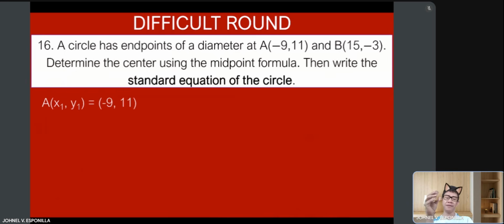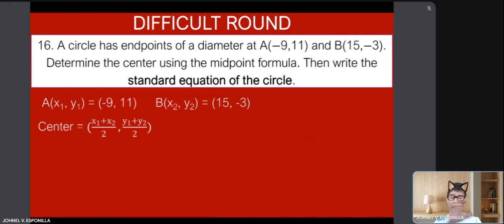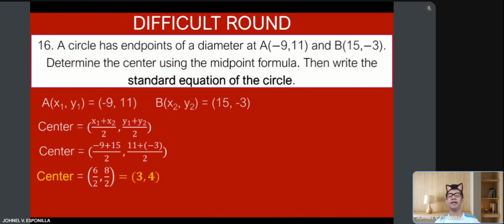Endpoints of a diameter, so distance formula first. No, because we only need the center and the standard equation. Since there is a standard equation, later we will also get the length. So let's first find the center using the midpoint formula, substitution, plus, and divide. The center now is at (3, 4), the middle of our circle.